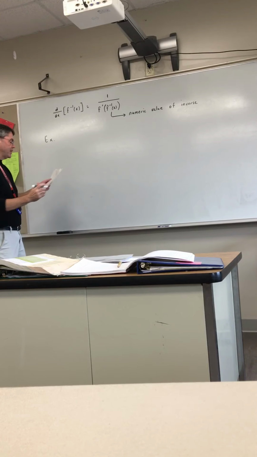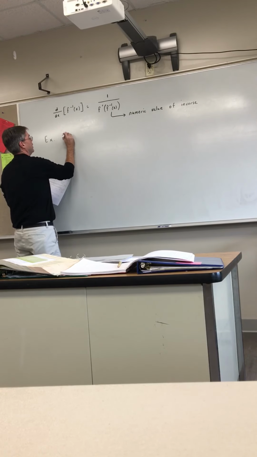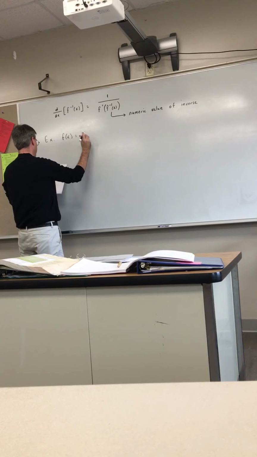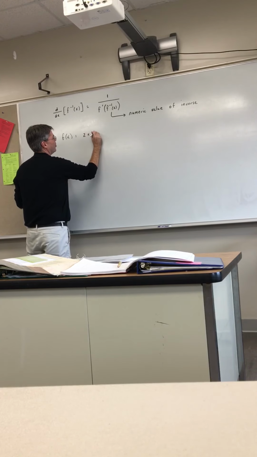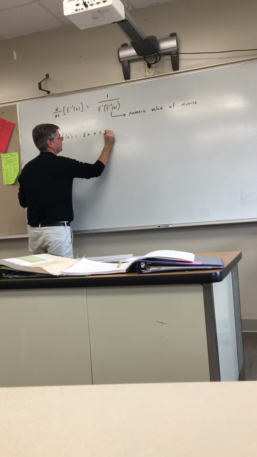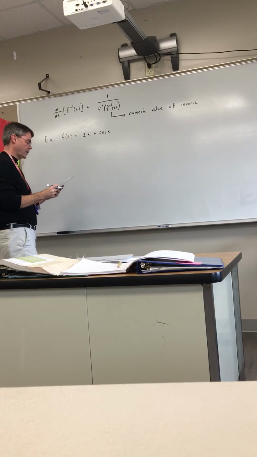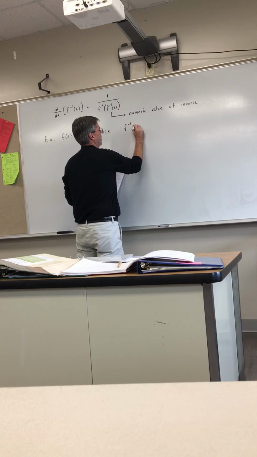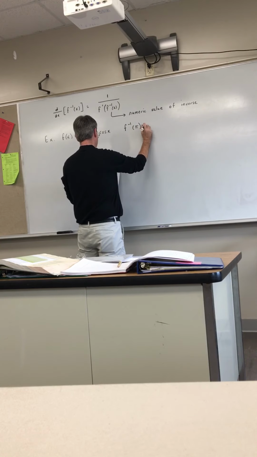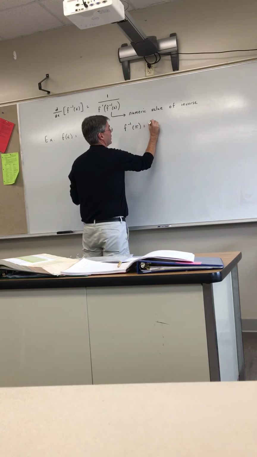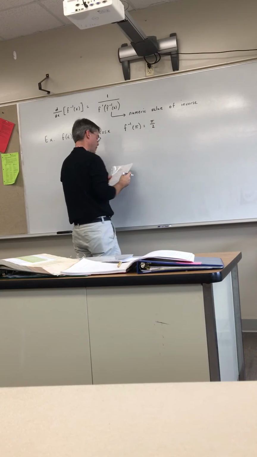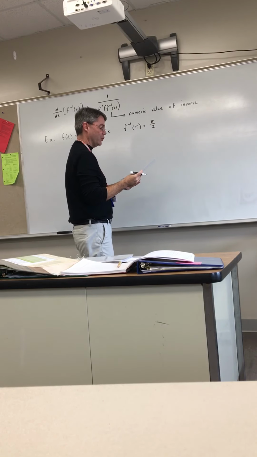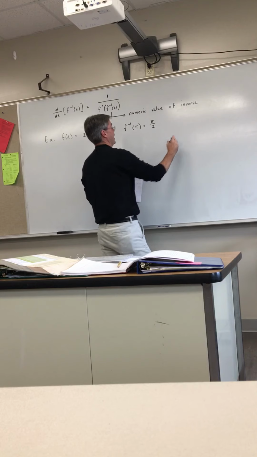So it says, given that f of x is equal to 2x plus cosine x, and the value of the inverse at pi is equal to pi over 2, find the value of the derivative of the inverse at x equals pi.